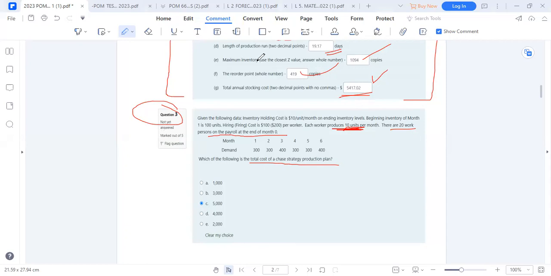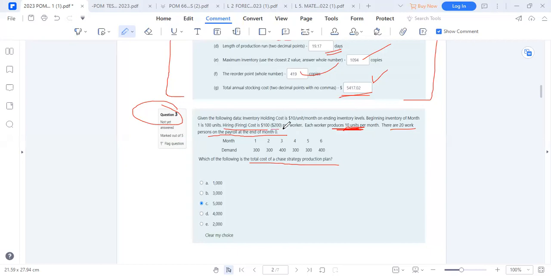So we can find now the cost of it. How much is the hiring cost? Hiring cost is 100. And then the other one is layoff. Layoff should be 200.